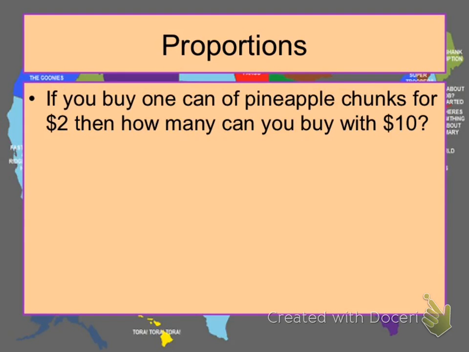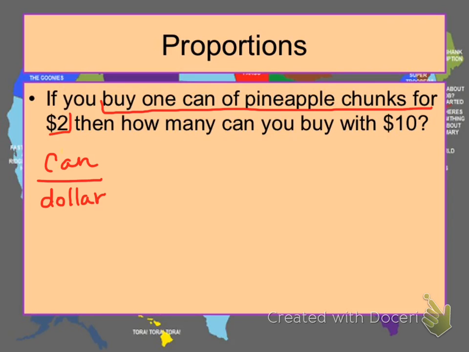Next example. If you buy 1 can of pineapple chunks for $2, then how many can you buy with $10? So first we have to think about in words what kind of ratio we want to use. If you're choosing to do a can to dollar ratio, the first thing that we have is an implied ratio that you can buy 1 can for $2.